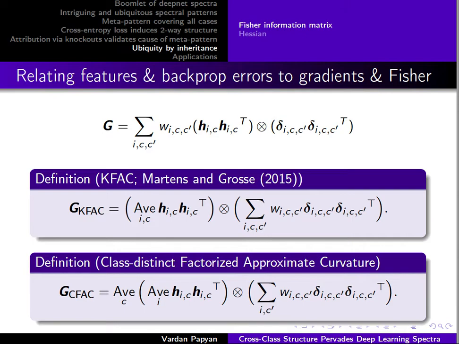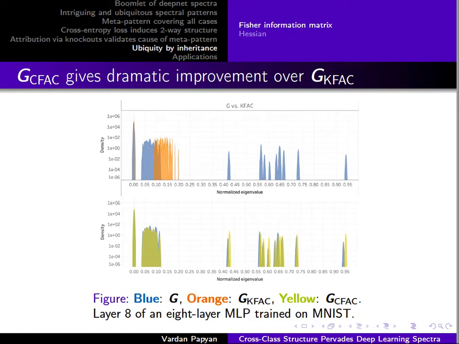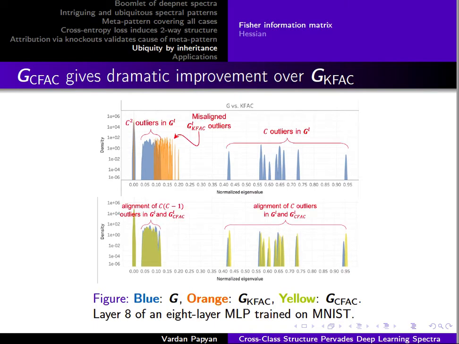Now, here's a comparison between the spectrum of the Fisher information matrix, which is depicted in blue at the top row, and the spectrum of KFAC, which is depicted in orange. So the first thing you can see here is that there is a set of C outliers in the spectrum of G. There is a set of C-squared outliers in the spectrum of G. So here are the C-squared outliers.